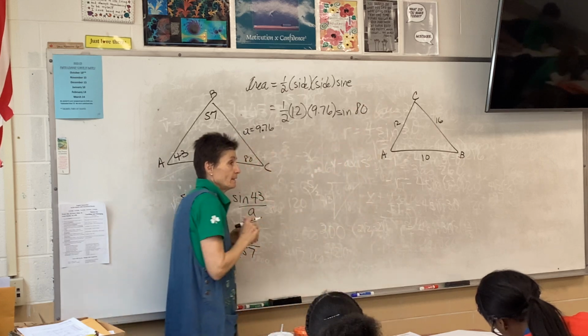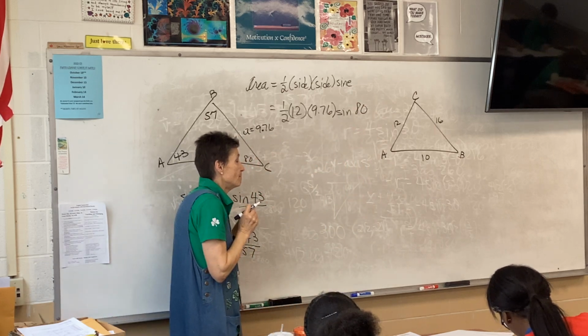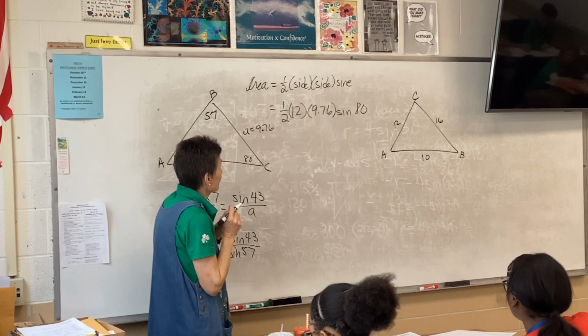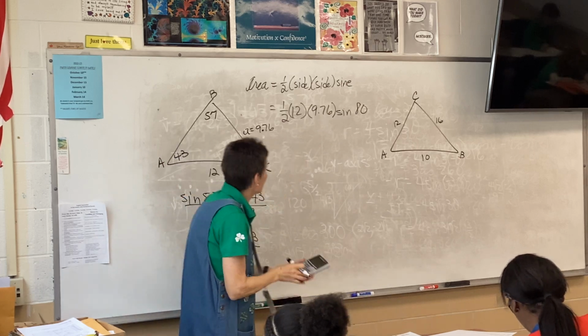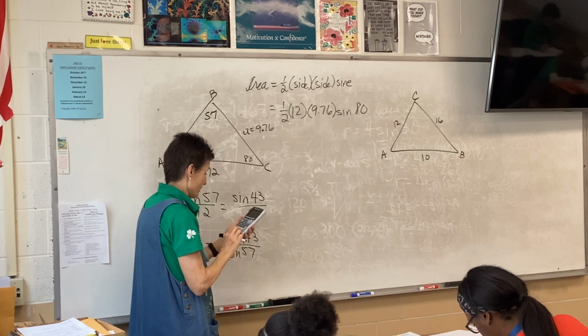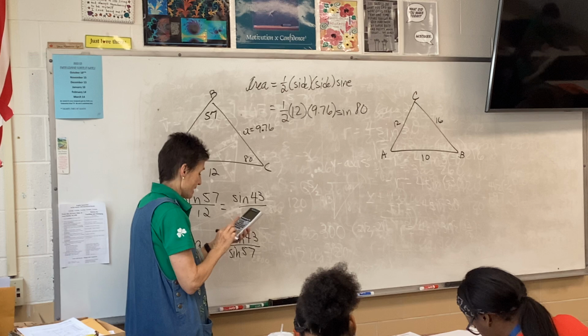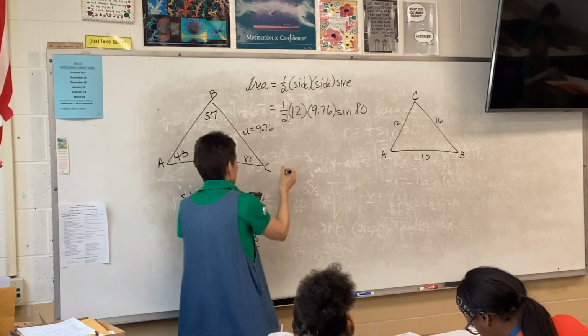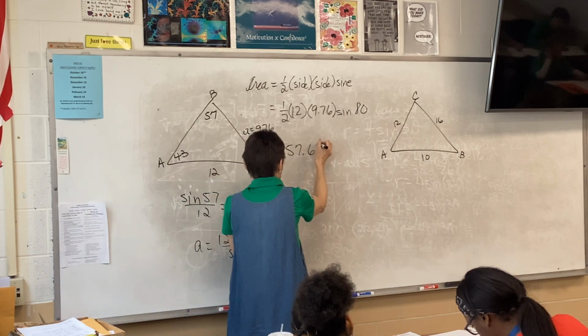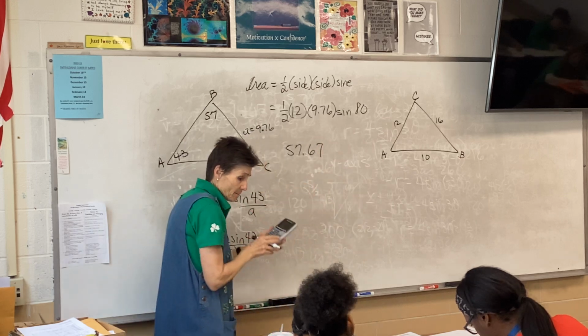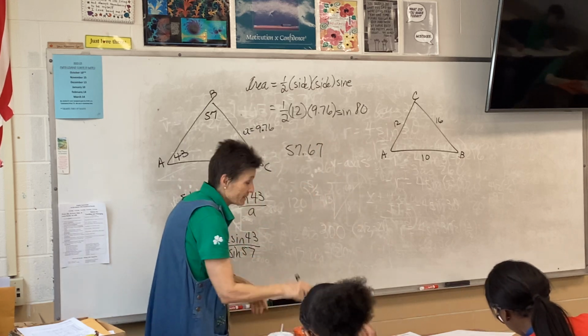Now, one more little hint here. Never mind, let's just type it in and see what we get. So 0.5, 12, 9.76, sine 80. Did you get 57.67? Yeah. And I didn't put any units on here. Oh yeah, I did centimeters.